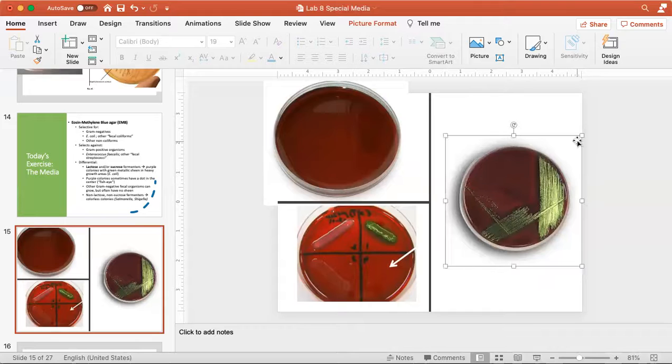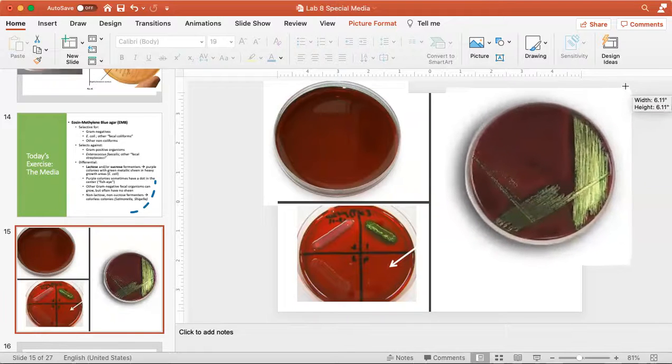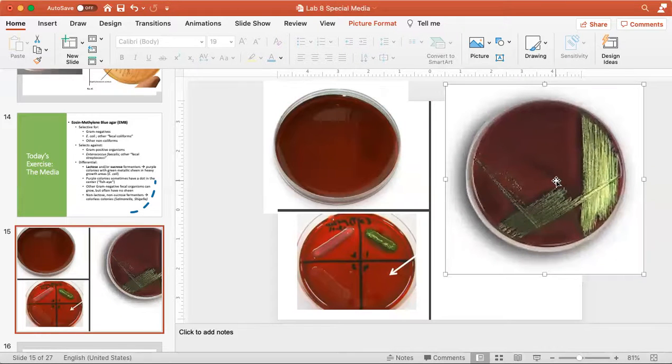Now look at this plate over here on the right. This, by the way, is a quadrant streak plate. Somebody took a sample of cells and spread them out over 4 quadrants. So they took the cells out of, let's say, a broth tube, and in the first quadrant, they just smeared them.